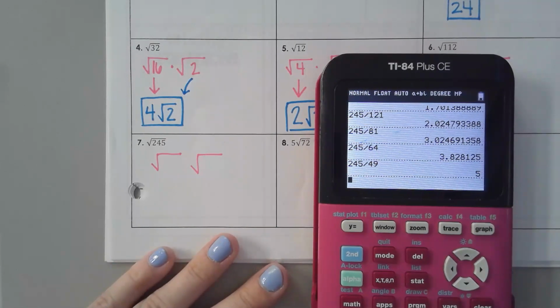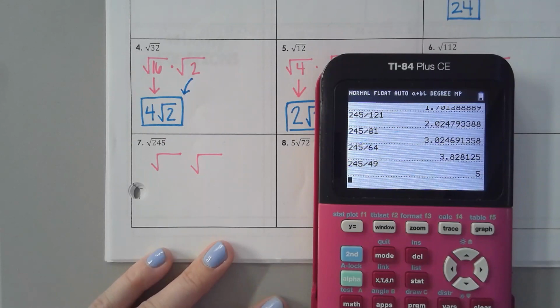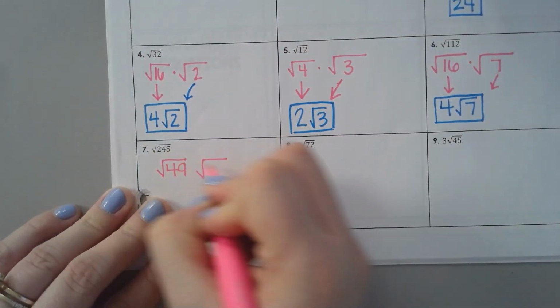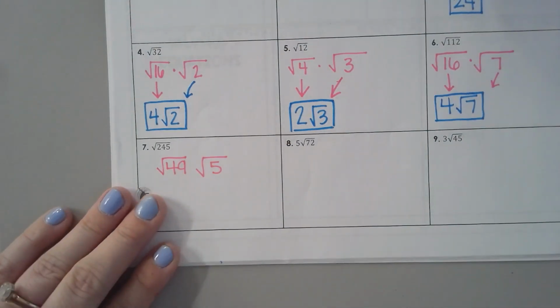And I found it. It's 49. 49 times 5 is 245.